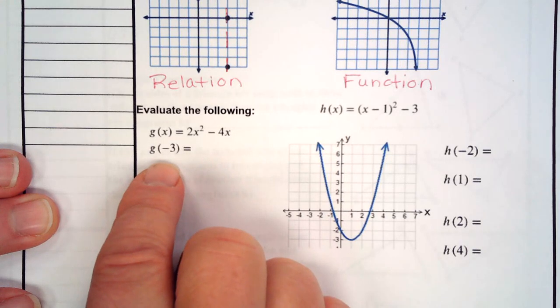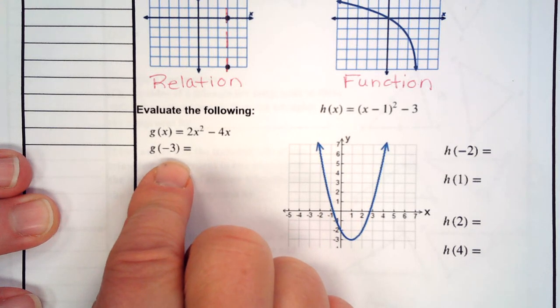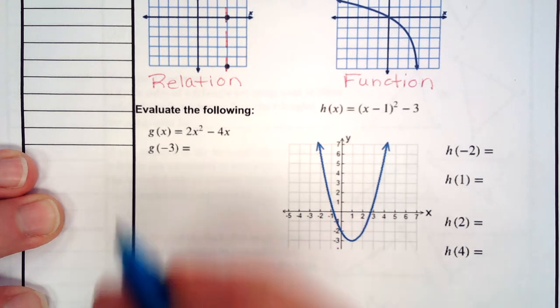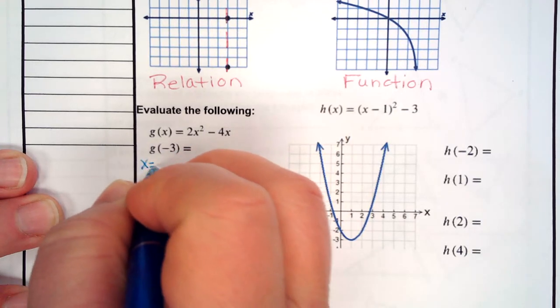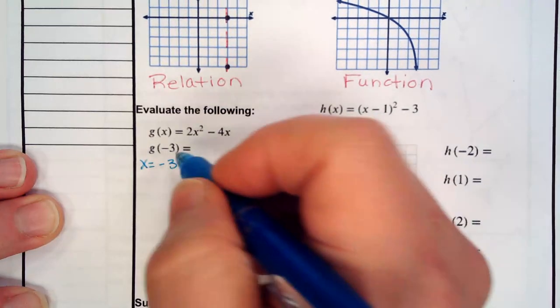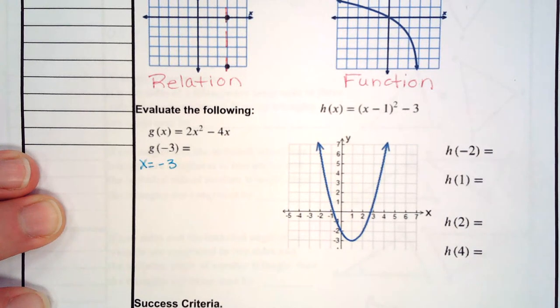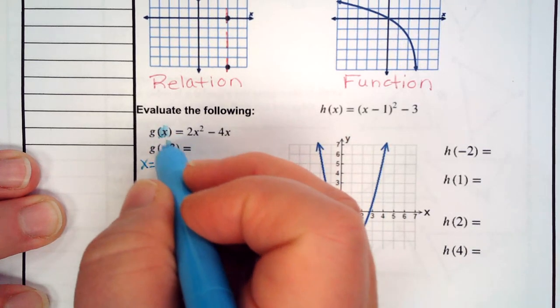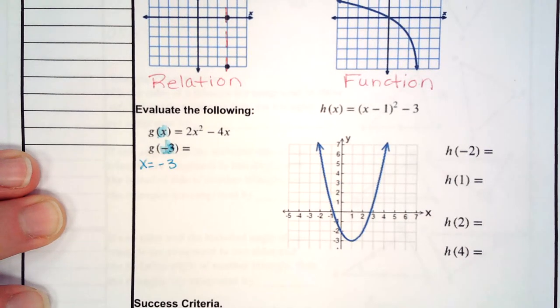So if I want to find g evaluated with -3, this means that x is equal to -3. That's what that means. -3 here, x there. That tells you that they are equal.